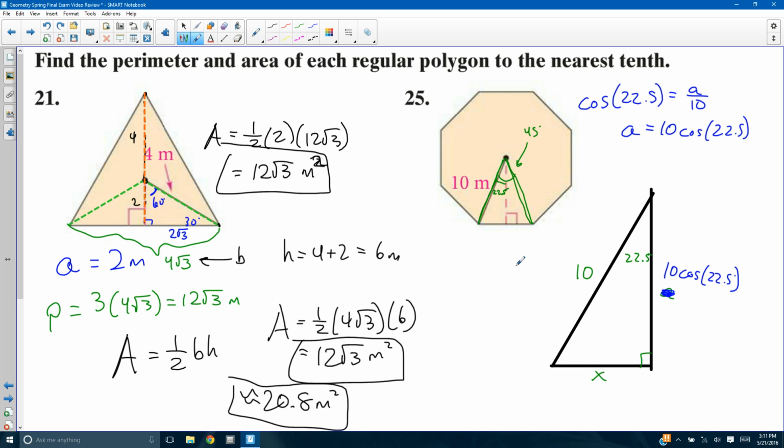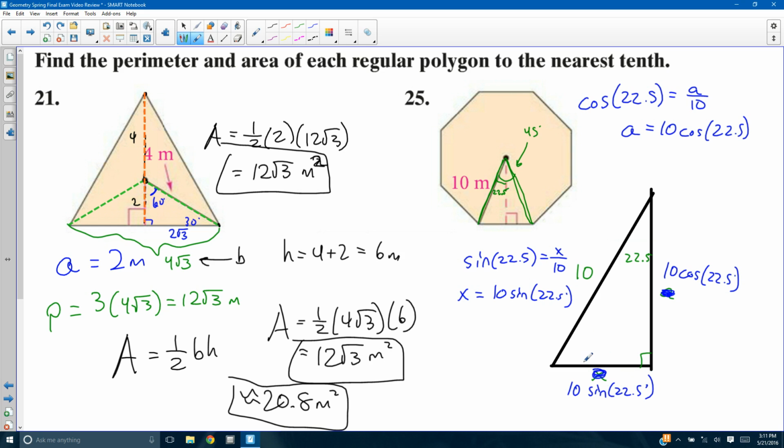Now I'm going to use sine. So the sine of 22.5 equals x over 10. So x equals 10 times the sine of 22.5.